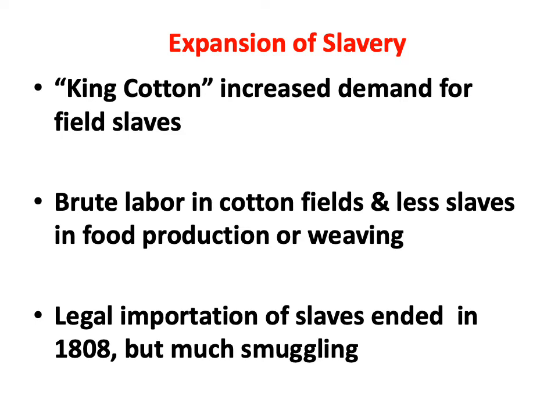The same thing goes for female slaves who were traditionally involved often in weaving. They were now moved out into the fields. Of course, there were some slaves left working in the household, cooks and servants in the household and whatnot. But more and more of the slaves were moved out into the fields.